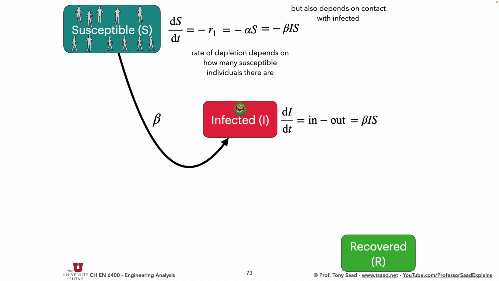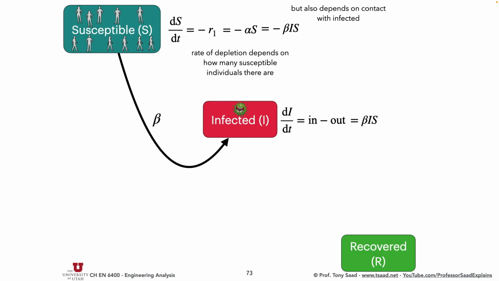Agreed? So I times S times beta is the fraction of the susceptible population that became infected. So it left the susceptible population. Where did it go to? It became infected. So I have beta IS that became infected.